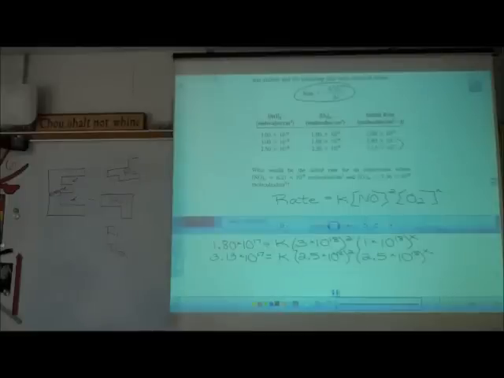Write them right on top of each other. I am going to divide them, which looks really complicated. It's actually very simple. If this is one big fraction, right off the bat, I see something I can cancel out. Okay, gone. Don't have to worry about it.